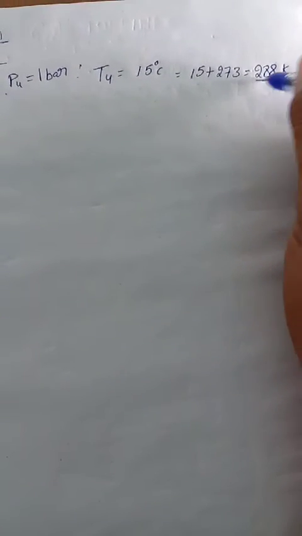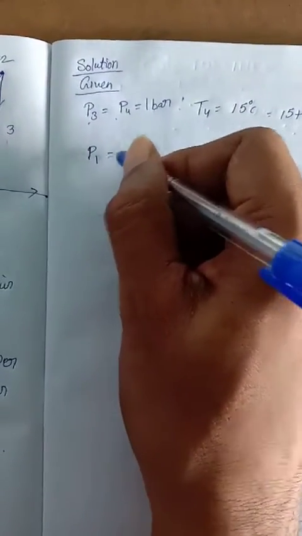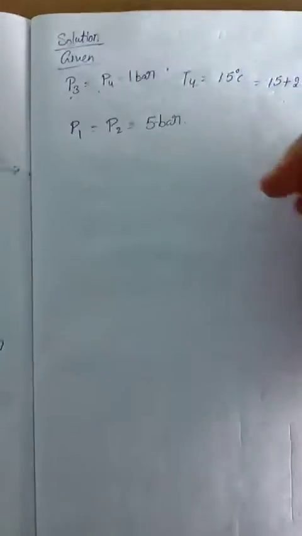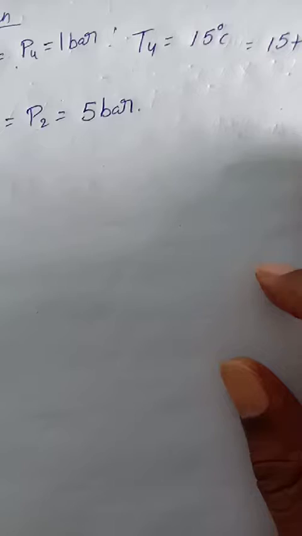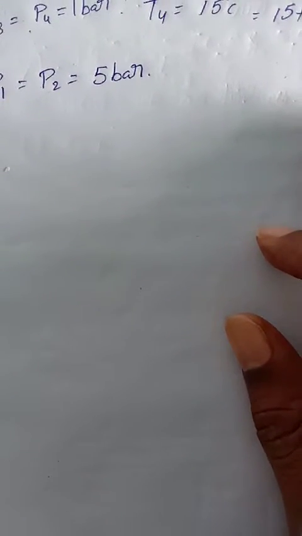Why? Because we need Kelvins only, not degrees Celsius. Okay, so that's why we converted into Kelvins. And now here P1 is equal to P2, that is 5 bar, as given. So how will we get this? Here, it compresses it to 5 bar.